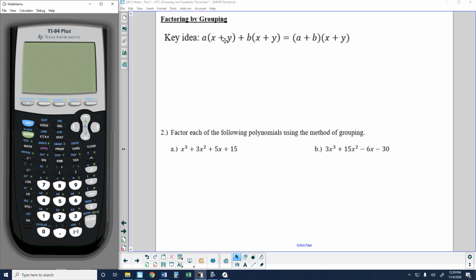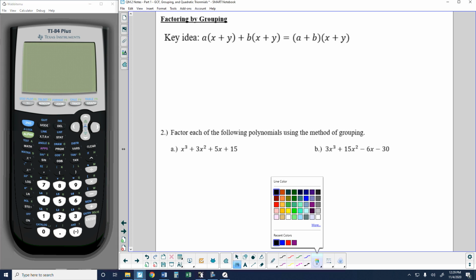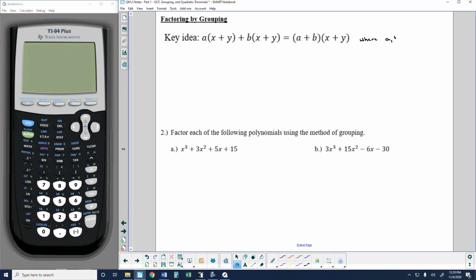So if I have a times x plus y and b times x plus y, then I can take that and rewrite this as a plus b times x plus y. And this is where we're going to go under the assumption that a, b, x, and y are all real numbers. So no imaginary numbers in this concept yet.